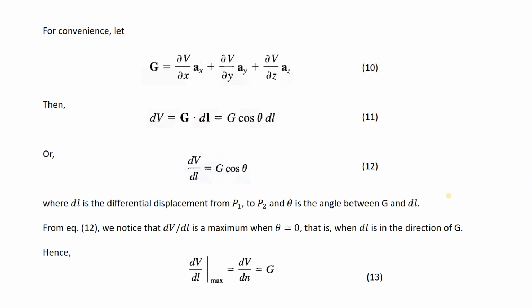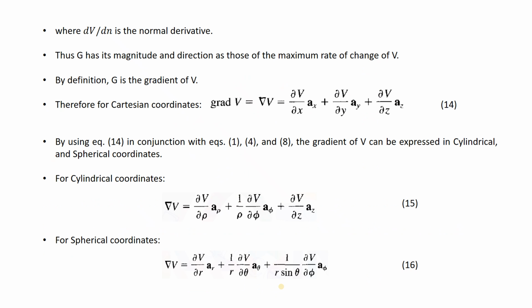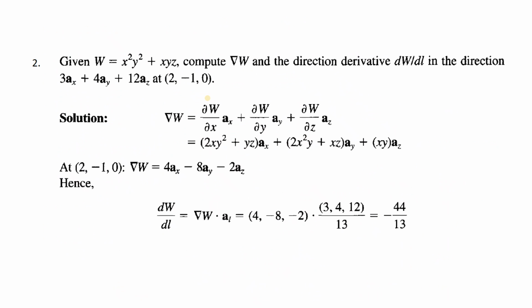It is the maximum space rate of increase of potential, and G is nothing but the gradient of V.